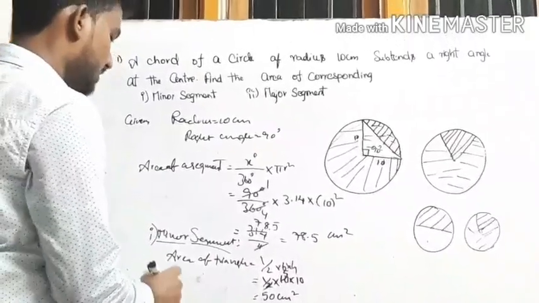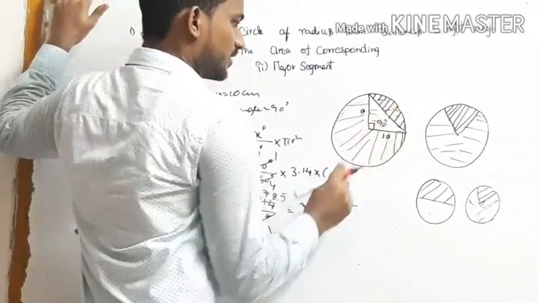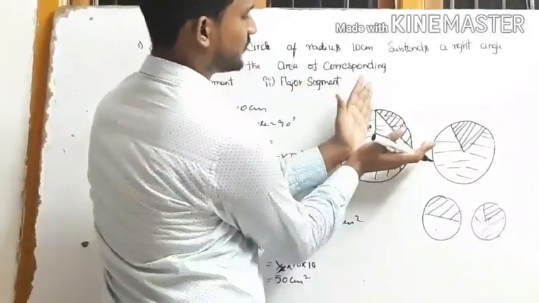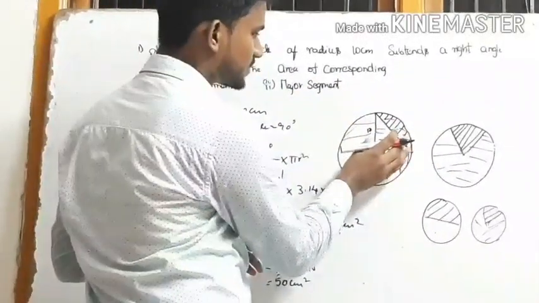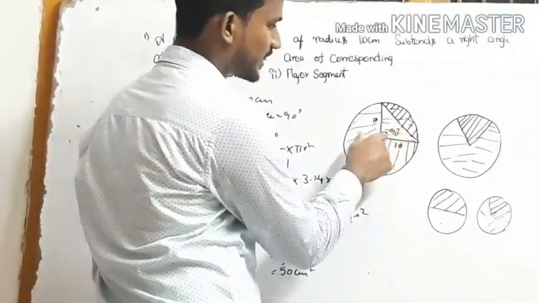And we want to find the minor segment. From the area of the segment we can subtract the area of the triangle.